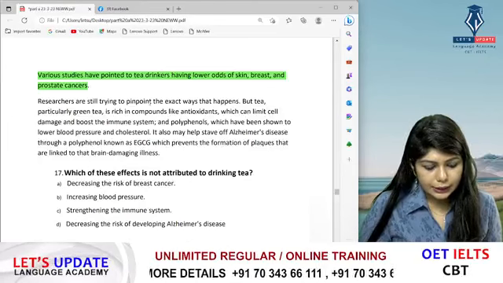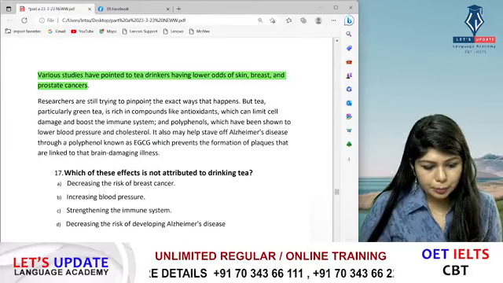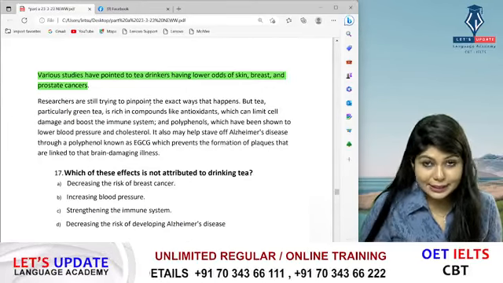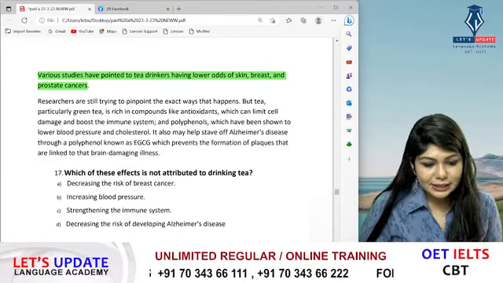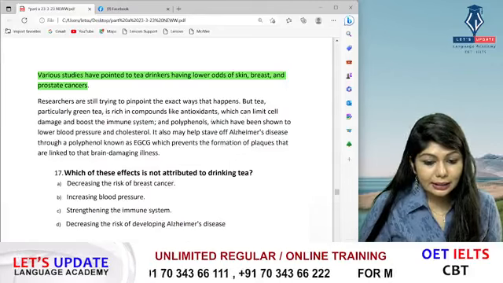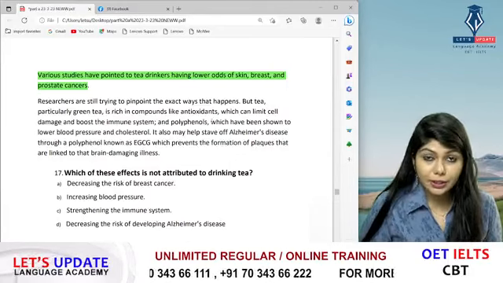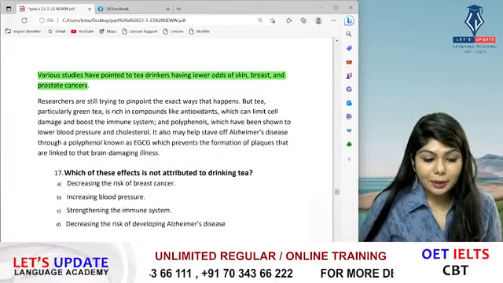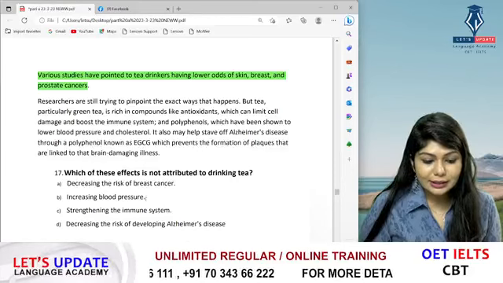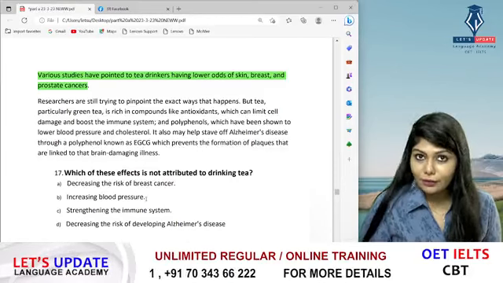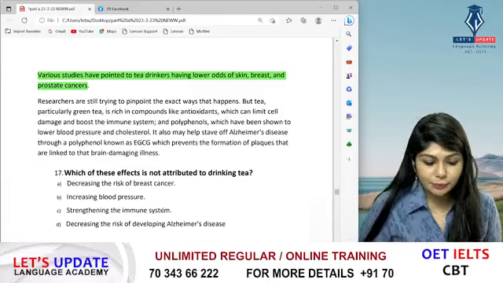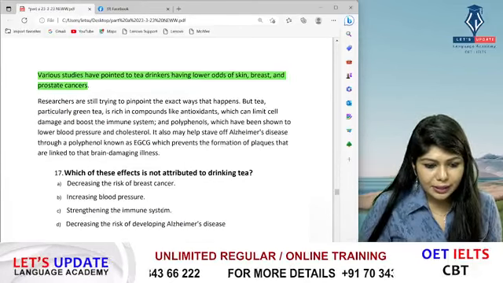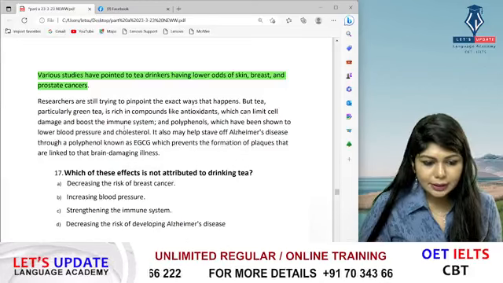Look at option B, increasing blood pressure. Is that mentioned? What they have suggested is that it has been shown to lower blood pressure, not increase it. Now look at C, strengthening the immune system. Have they mentioned that it will strengthen the immune system?